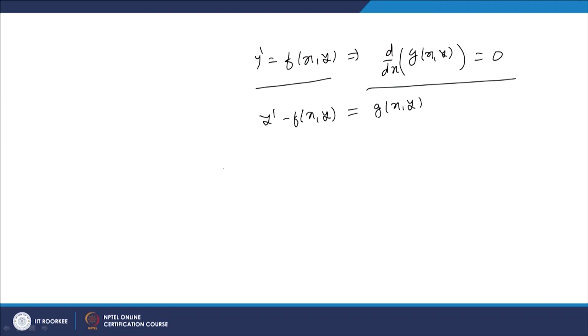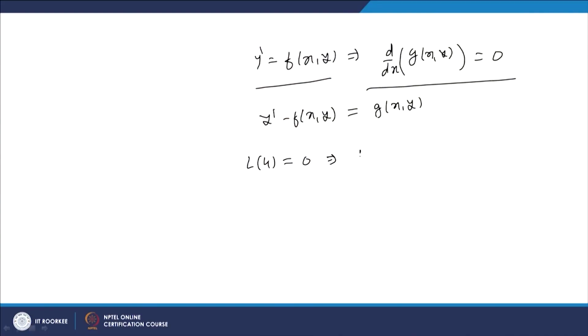Here we already know that Lu equal to 0 is not exact. Without loss of generality, let us assume that Lu equal to 0 is not exact, because if it is exact then any function is an integrating factor. So it means that p naught x u double dash plus p1 x u dash plus p2 x u is not exact.